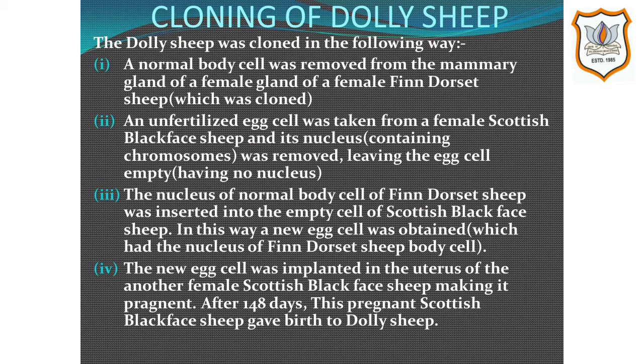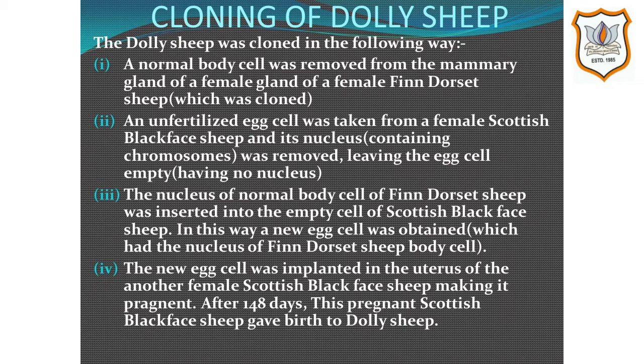Though Dolly sheep was given birth by Scottish black-faced sheep, it was found to be exactly identical to the original Finn Dorset sheep from whose cell nucleus was taken. So, Dolly was a clone of Finn Dorset sheep whose cell nucleus was used in developing it.